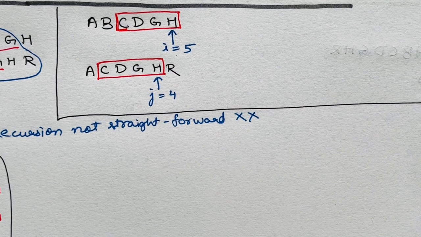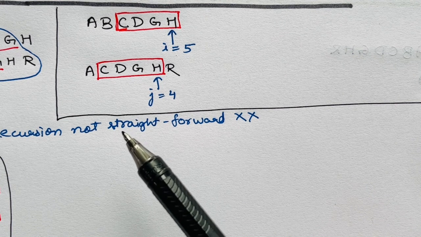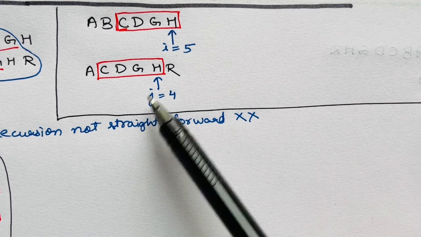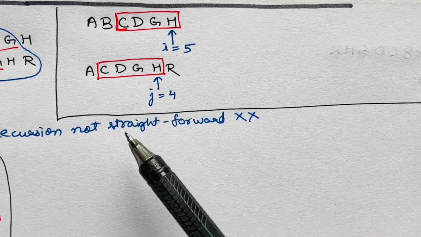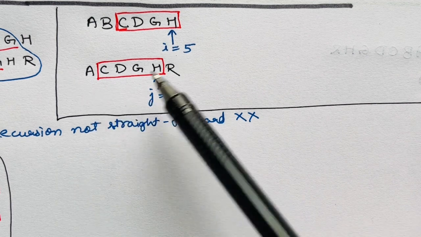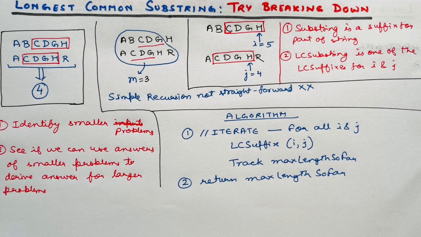That means the longest common substring that we are looking for is one of the longest common suffixes that can be found for a combination of i and j. What does i denote? What does j denote? These denote the first few characters that we are considering for the two strings. Therefore, we have one more way of solving our problem.